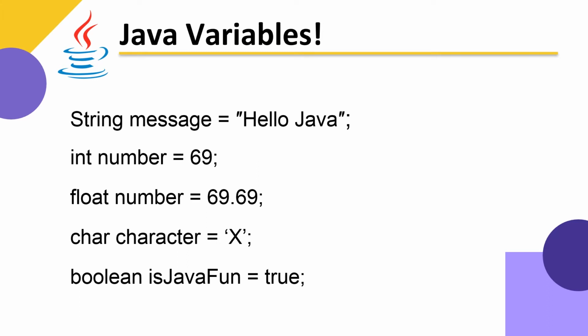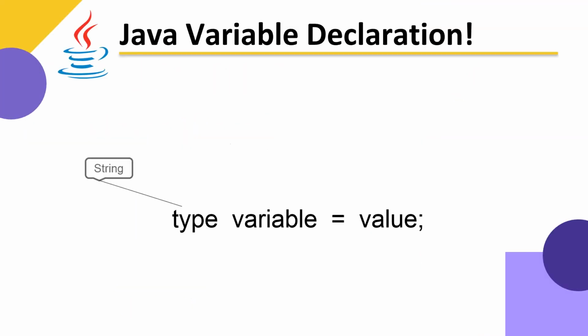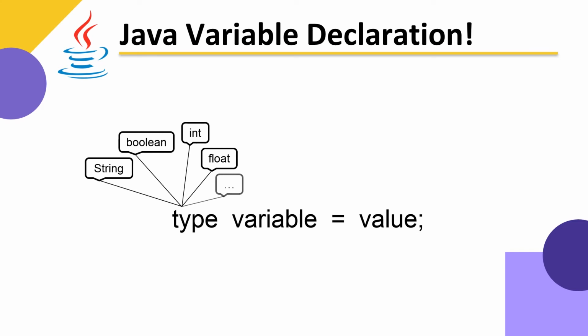We will talk about different types of variables later. But let's see how we can declare a variable in Java. To create a variable, we specify first the type of variable, for example string. Then we have to give a name to this variable as a label.